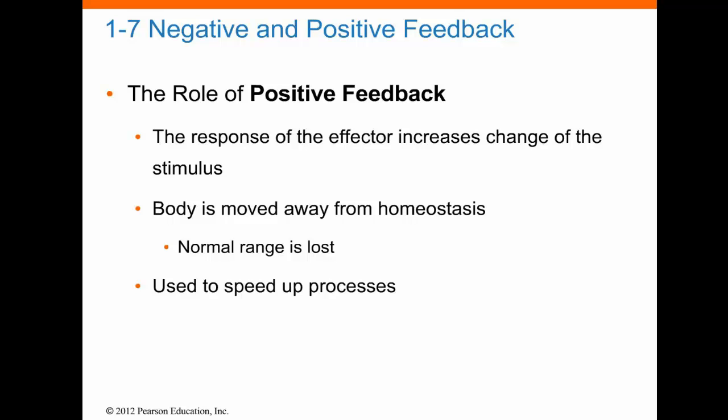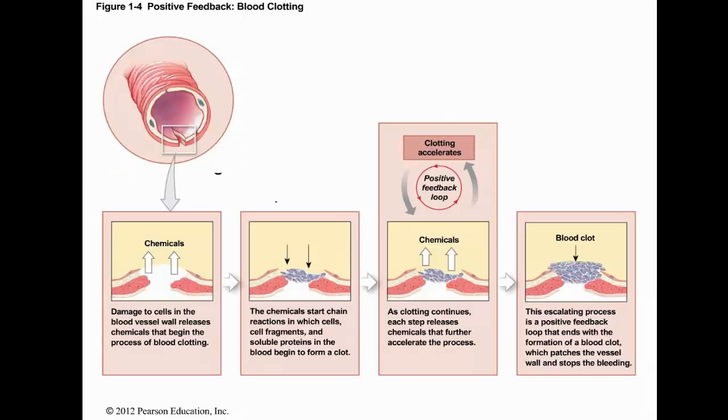We also have an example of positive feedback. This is where the body is moved away from homeostasis, the normal range is lost, and it's used to speed up processes. For example, blood clotting is an example of positive feedback.